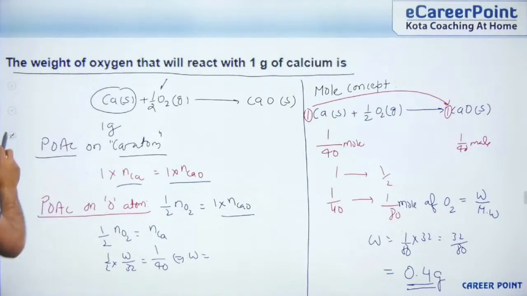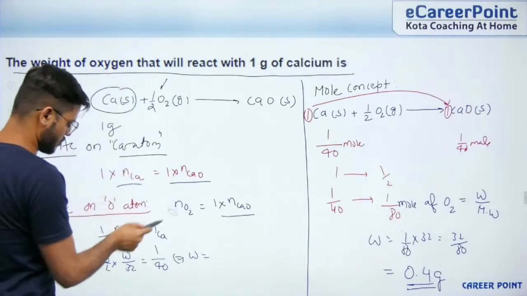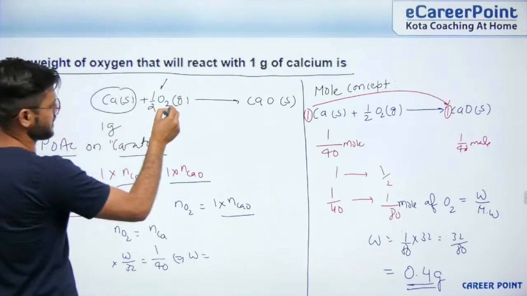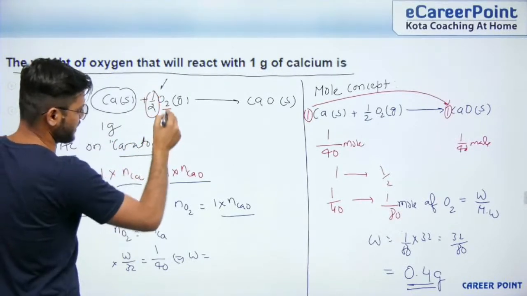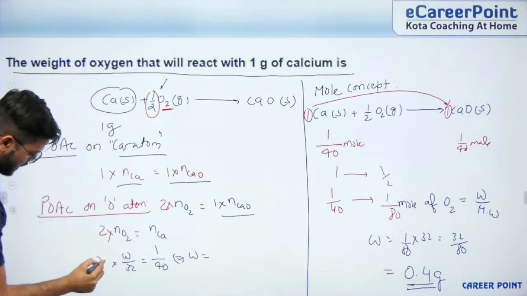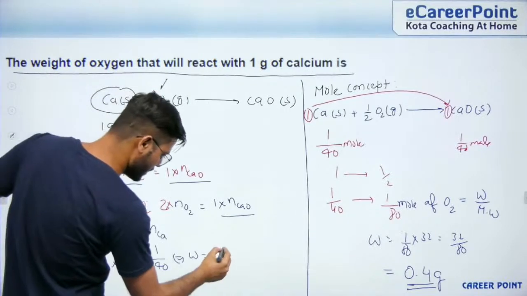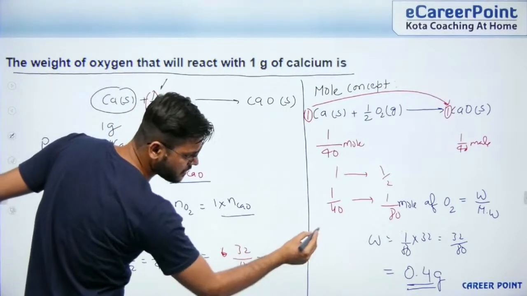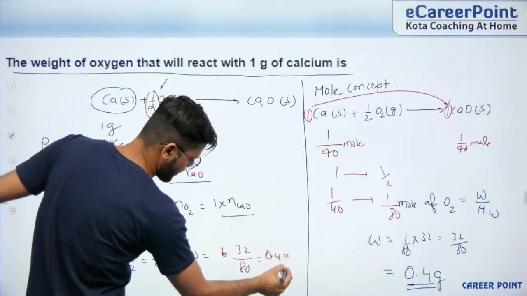Oops, this is not half, this should be 2, because we don't care about the stoichiometry in POAC. So this 2 will be here, 2 and 2. So weight will be 32 upon 80, which in our case is also 0.4 gram.